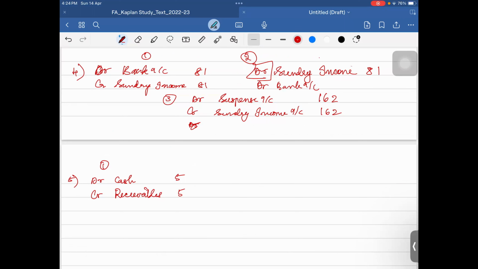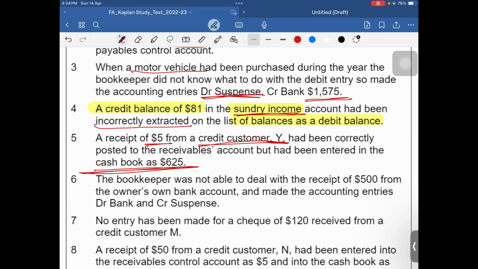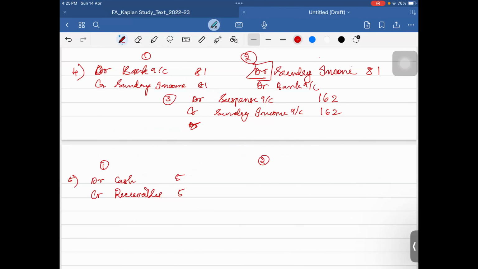What did they do? Y had been correctly posted to receivables account. So it is already posted correctly on the receivables account. But it was entered in the cash book as 625, right? So what did they do? They debited cash for 625, but credited receivables as 5 itself.